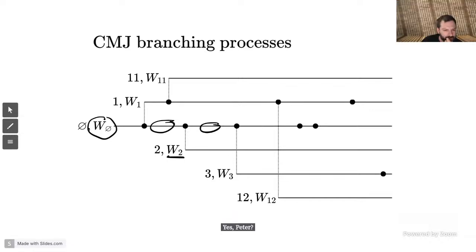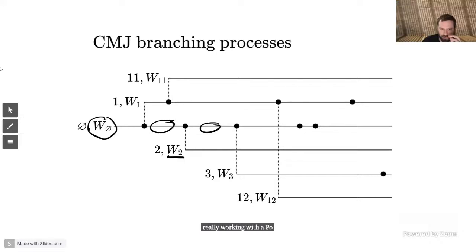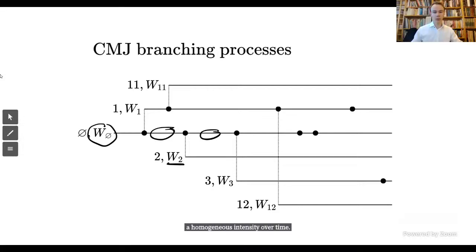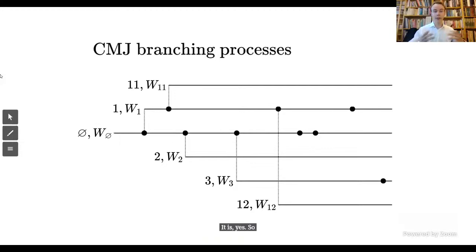Yes, Peter? I just want to make sure I don't misunderstand. So you are really working with a Poisson point process with a homogeneous intensity over time? No, no. So it need not be even a Poisson point process. But the rate at which, let's say, this root has points being birthed is not constant after each point. So here, if you really think about these exponential interbirth times, then the rate for the first interval will be f of 0, w.